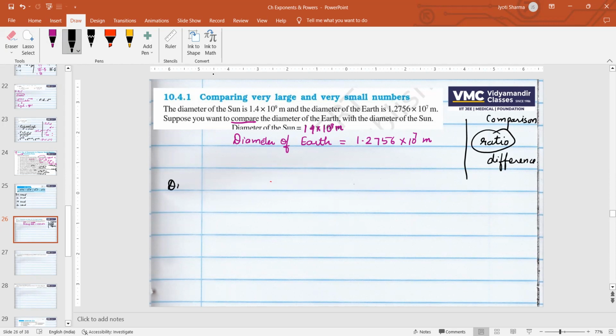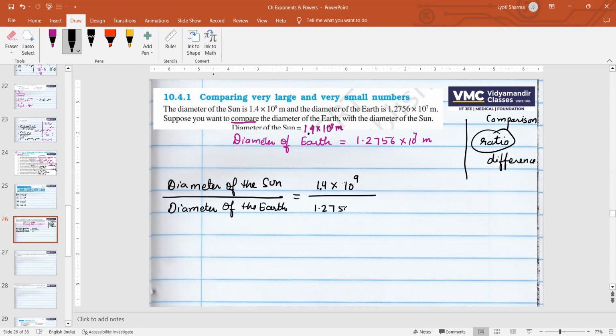So the ratio of the diameter of the sun to the diameter of the earth. This is 1.4, because it's a scientific form, over 1.2756 into 10 to the power 7. Now while doing this, the laws of exponents will be applied.